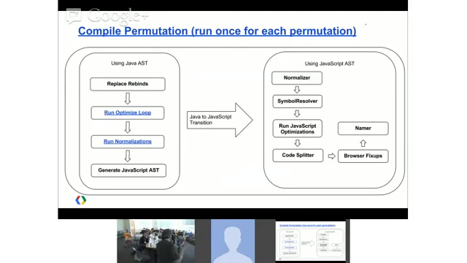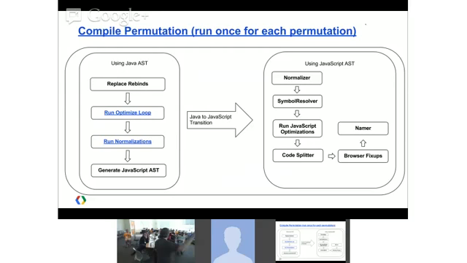So once you have the AST for a permutation, we run the optimize loop, and this we run until no further optimization opportunities are found. After the code is optimized, we run some normalizations, and I'm going to go into detail. So this will make the AST simpler for the translation to JavaScript.